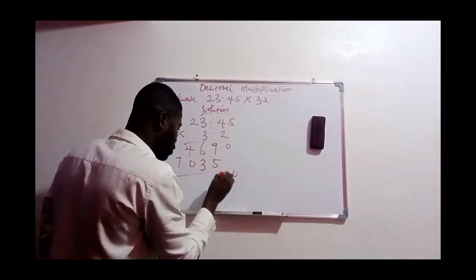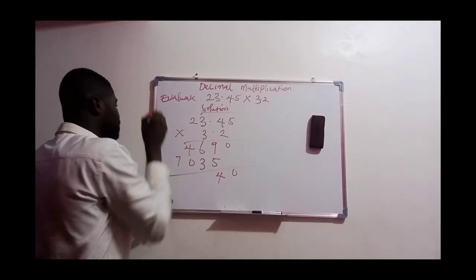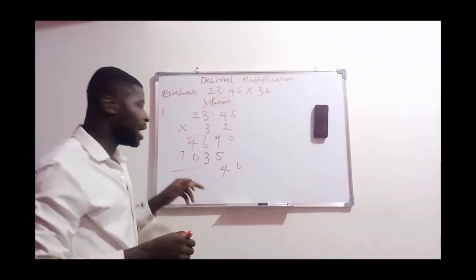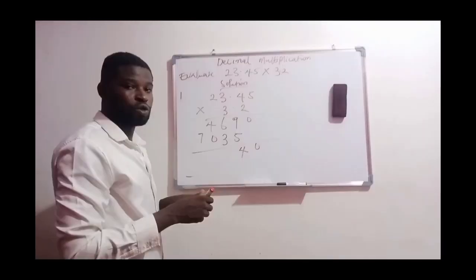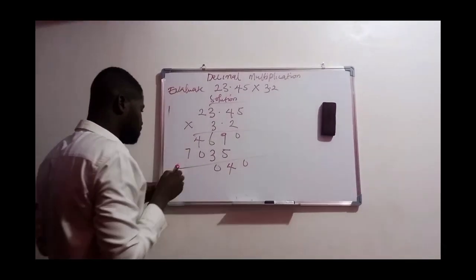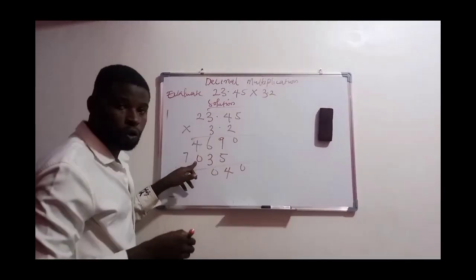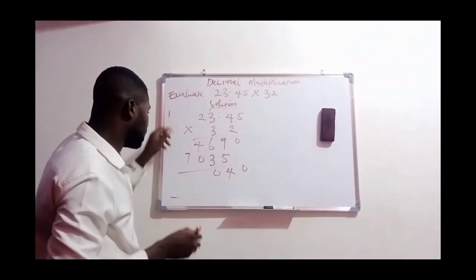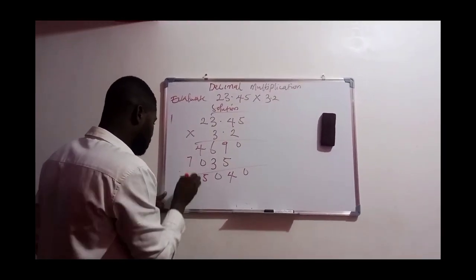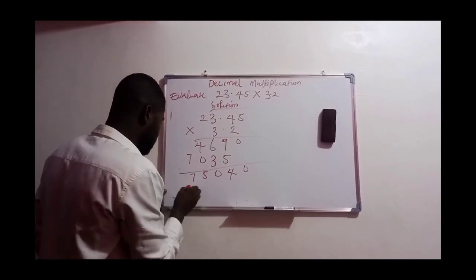You write 4, remainder 1. 6 plus 3 is equal to 9, plus 1, it will be equal to 10. You write 0, remainder 1. 4 plus 0 is equal to 4, plus 1, it will now be equal to 5. 7, you bring it back.